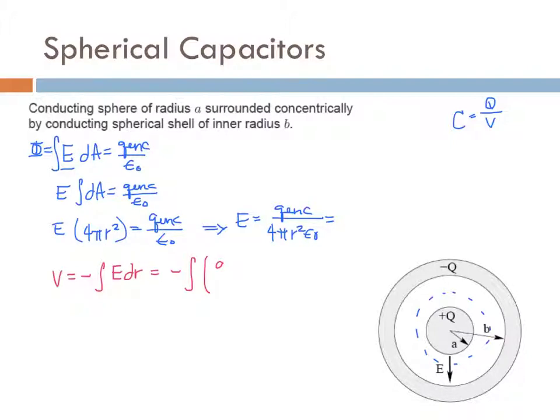Again, my charge enclosed is just Q in this case, so I'm going to replace that with a Q. I'm taking the integral with respect to r. Everything is a constant, so I can pull that out of my integral, everything except 1 over r squared.